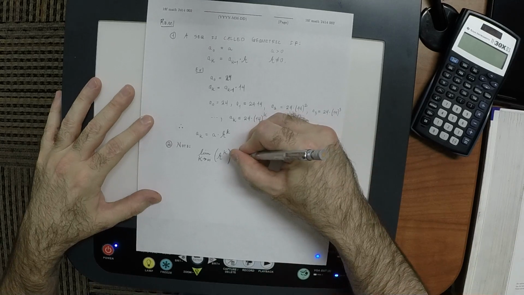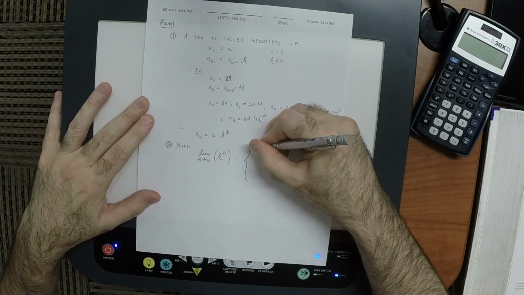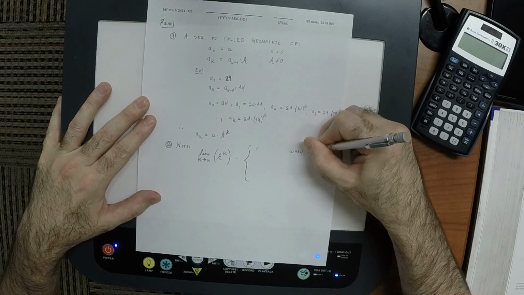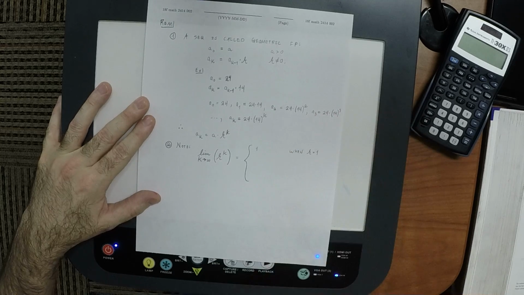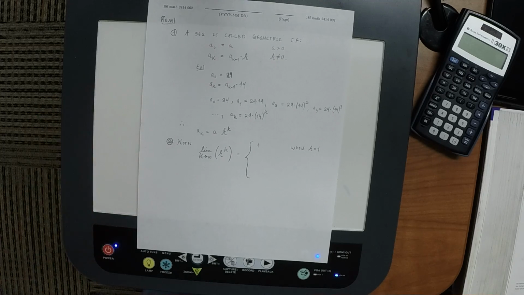So we can summarize all that and say that the limit is 1 when r is 1. If in absolute value r is small enough, like half or -half, then it's going to be shrinking. It might be alternating sign back and forth, but it's going to be shrinking.